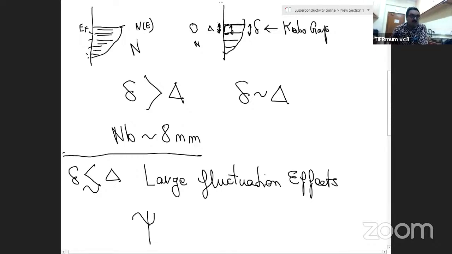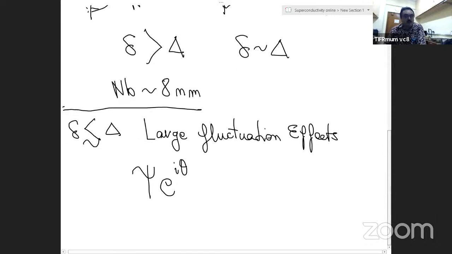Nevertheless, for today, let me just say this. You can describe a superconductor by what is called a wave function like object, which is of this form.